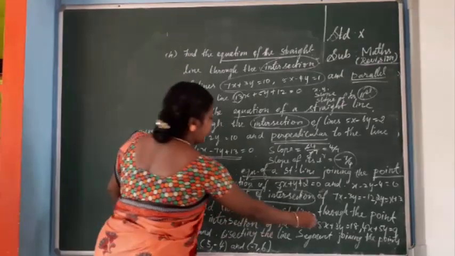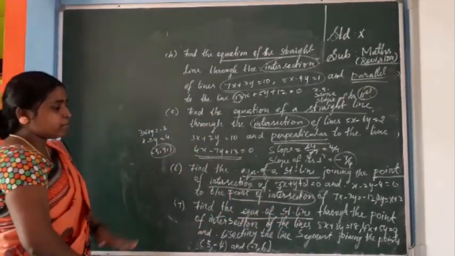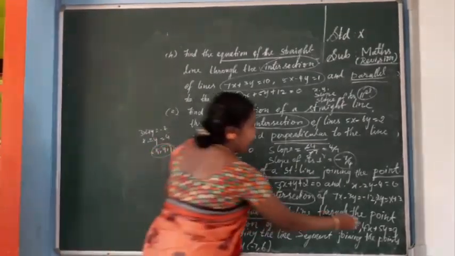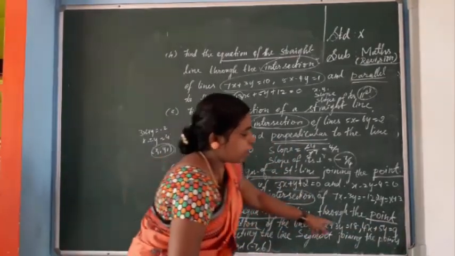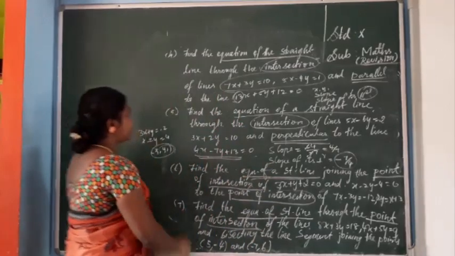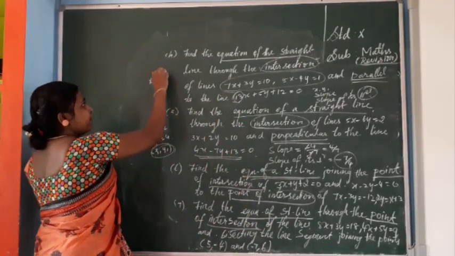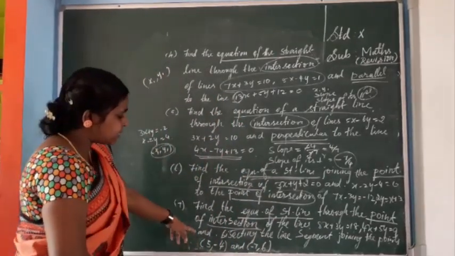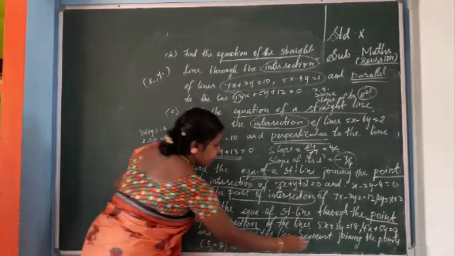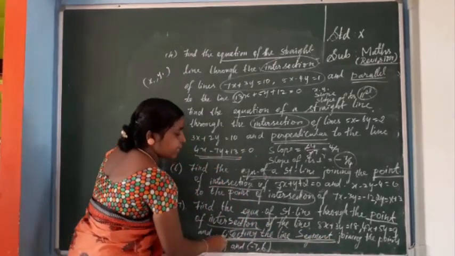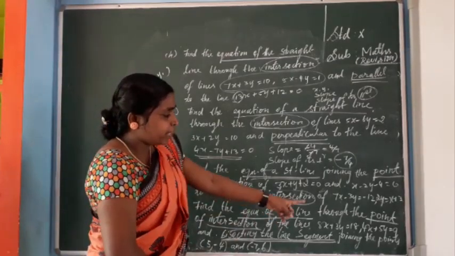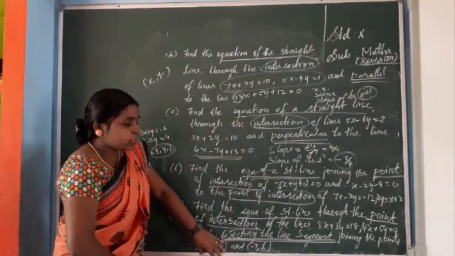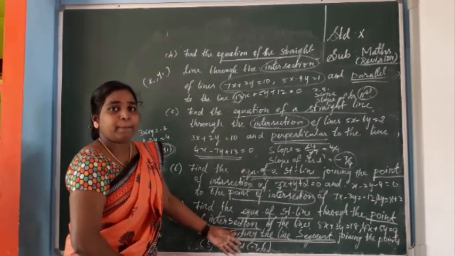Now you see, find the equation of a straight line through the point of intersection. Point of intersection means you solve both equations and you will get the first point, x1, y1. Next, bisecting the line segment. Read the question carefully. Bisecting the line segment joining the points means you use the two points and find the midpoint.